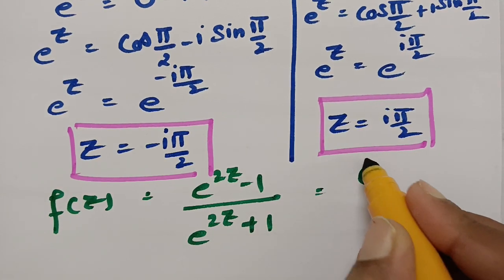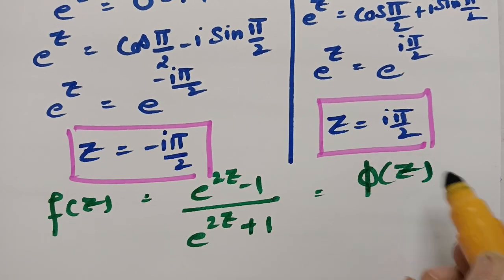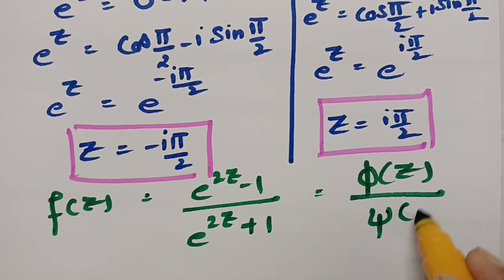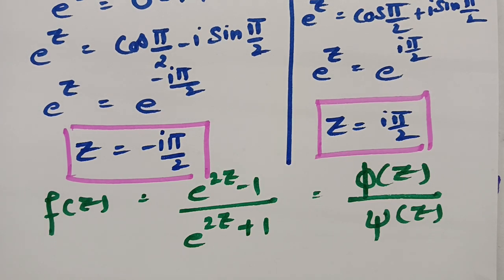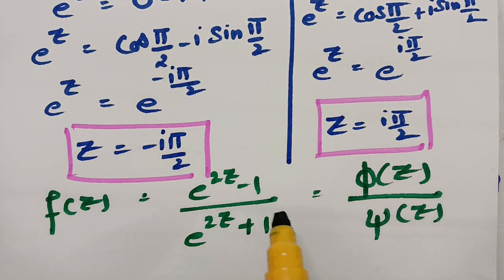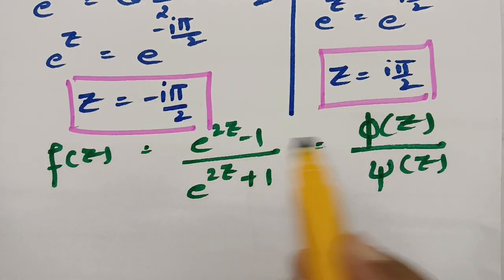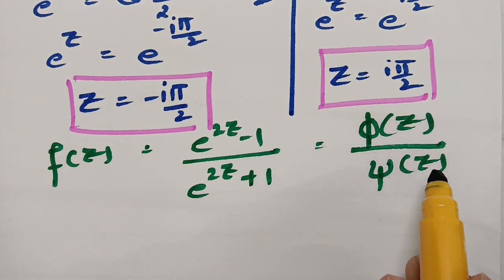We have to consider the first function as phi of z and the second function as psi of z. Clear? This is also very simple, as it is of the form u by v. So this is another way of finding residues, with the first function phi of z and the second function psi of z.